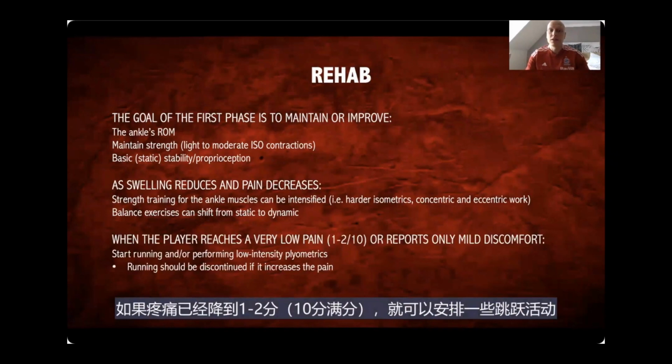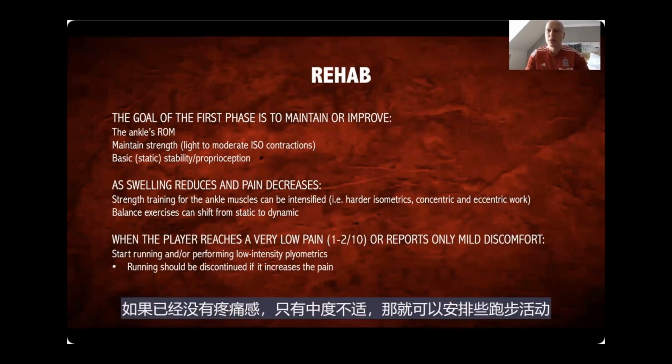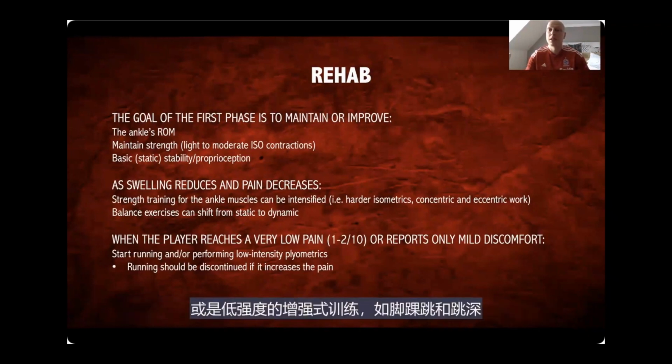When the player reaches a very low pain in the ankle, such as 1 or 2 out of 10, or doesn't report pain but says that there is just mild discomfort in the ankle, we can start running or performing some kind of low intensity plyometrics, such as skipping rope. Running or any activity that we do should be stopped if the pain starts to increase in the ankle.